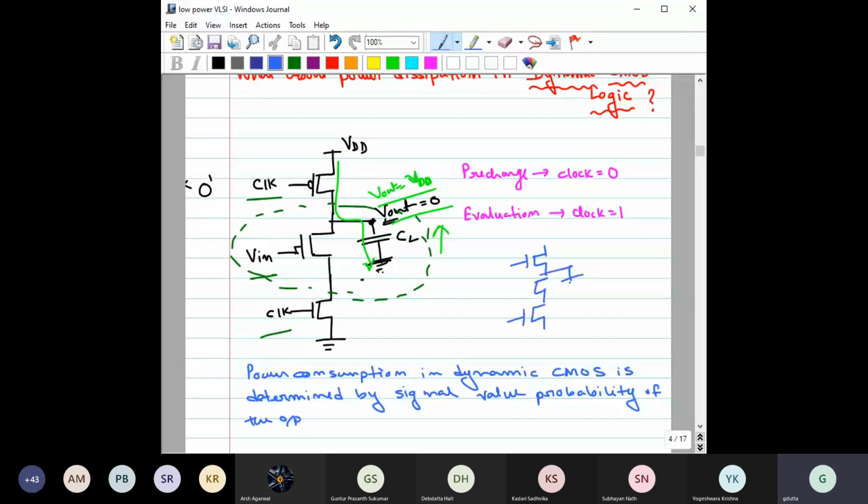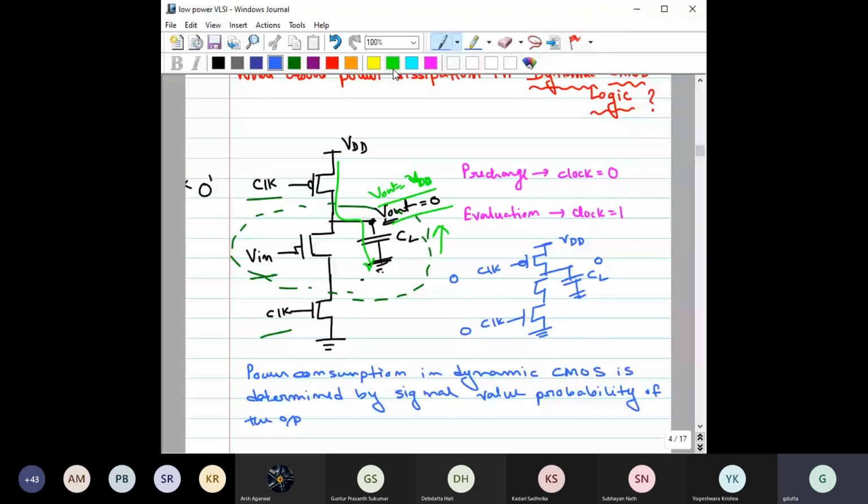Say you have this capacitor here, this capacitor CL, and this is VDD, this is ground. So this is clock, this is clock. Here you have given 0, 0, and say here it was initially 0. Now it would be charged.